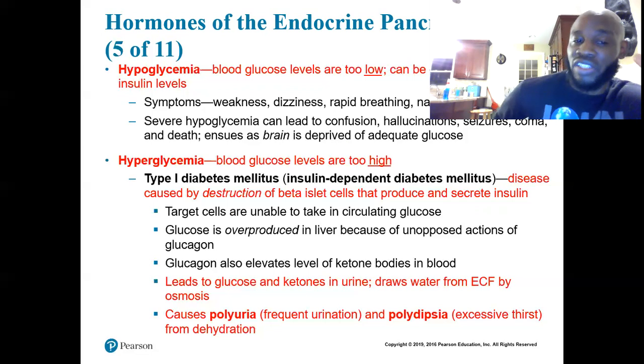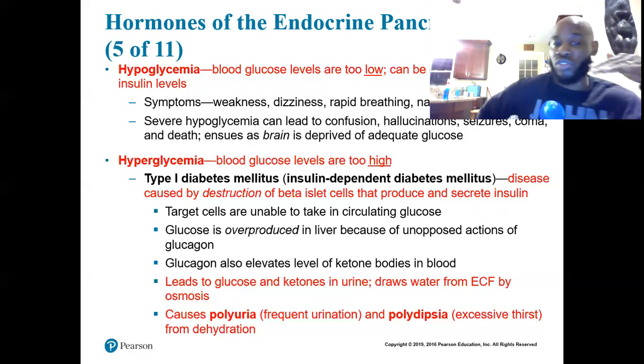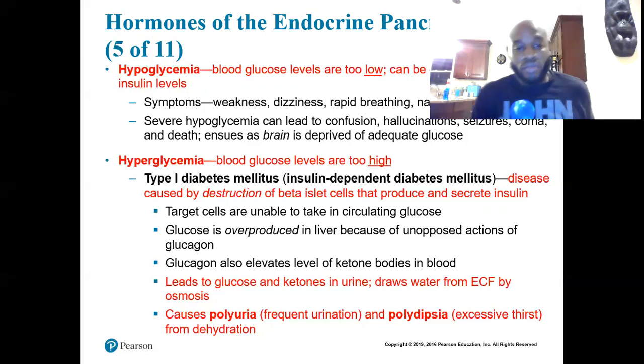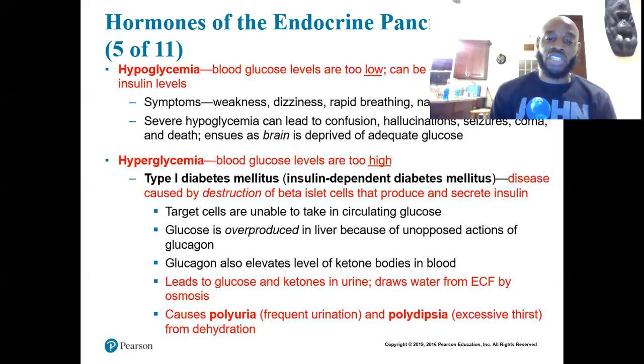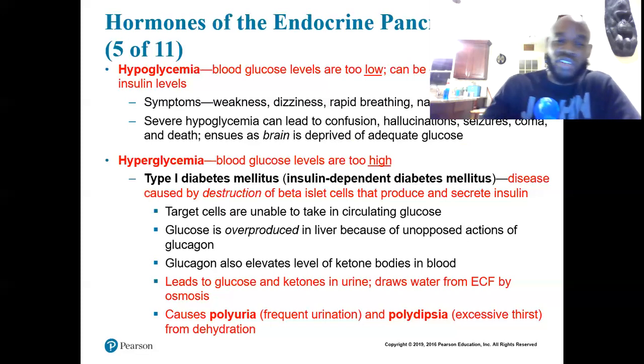So you don't make enough insulin. Therefore, your glucose levels are too high, and your body's not able to lower your glucose levels. This leads to glucose and ketones in the urine, which draws water from your extracellular fluid by osmosis, causing frequent urination and excessive thirst from dehydration. So you can have some problems there.